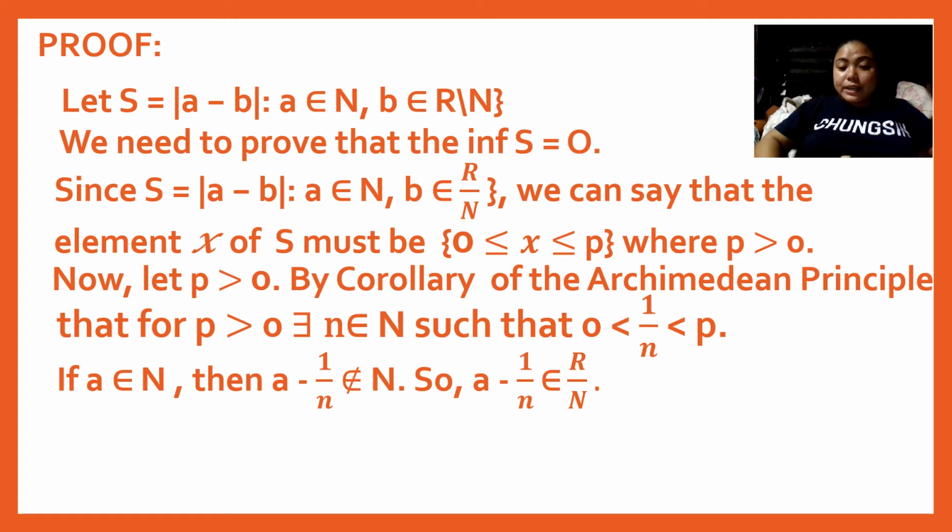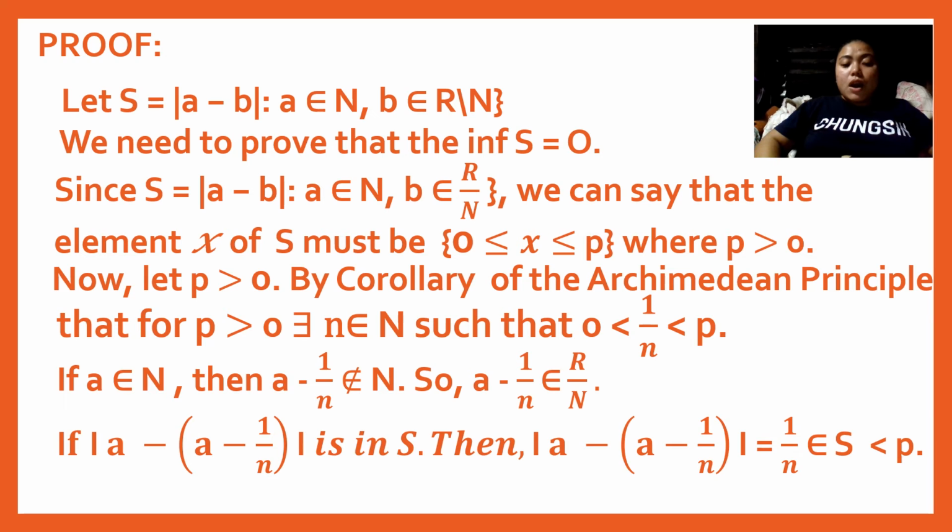If a is an element of N, then a minus 1 over n is not an element of N. So, a minus 1 over n is in R minus N.